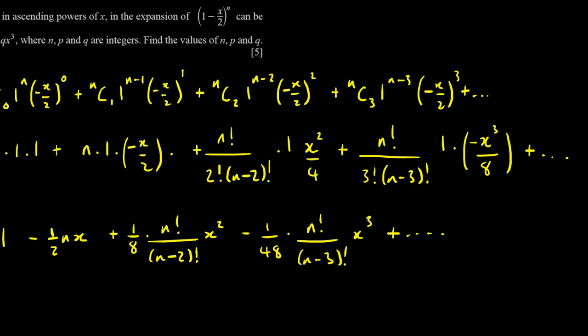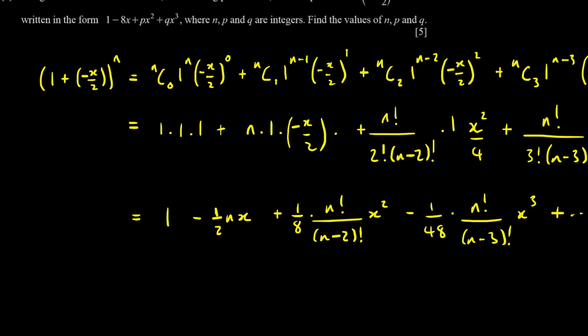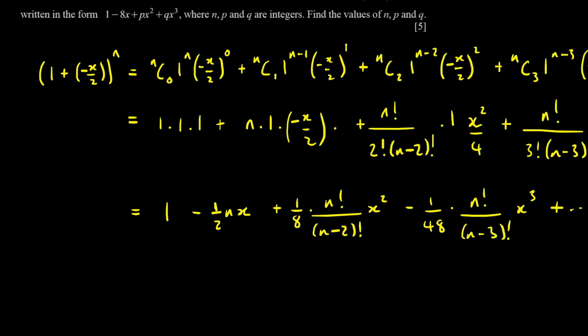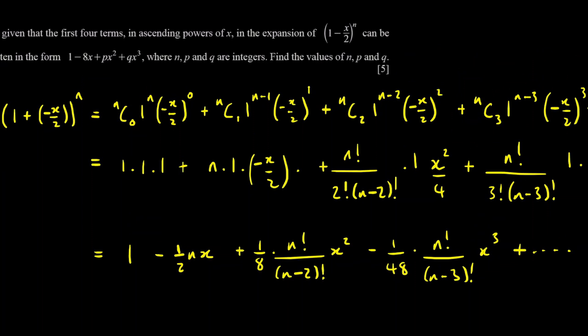Now then, we automatically know that these are going to correspond to 1 minus 8x plus px squared plus qx cubed. So in other words, if we just do a little bit of comparison, then this term here, the negative a half n, must be the same thing as the negative 8. This term here must be the same as p, and this term here must be the same as q.